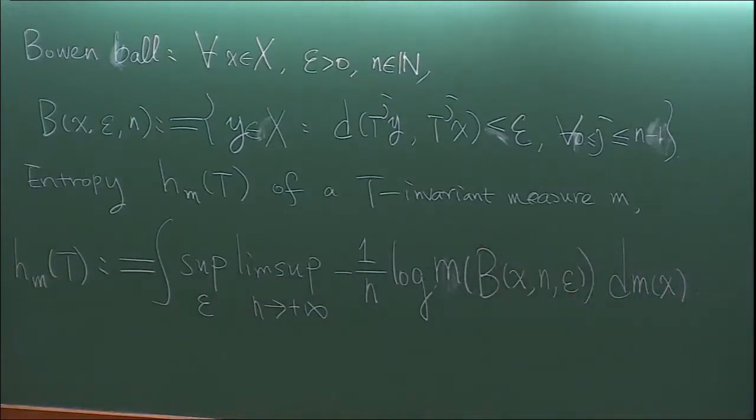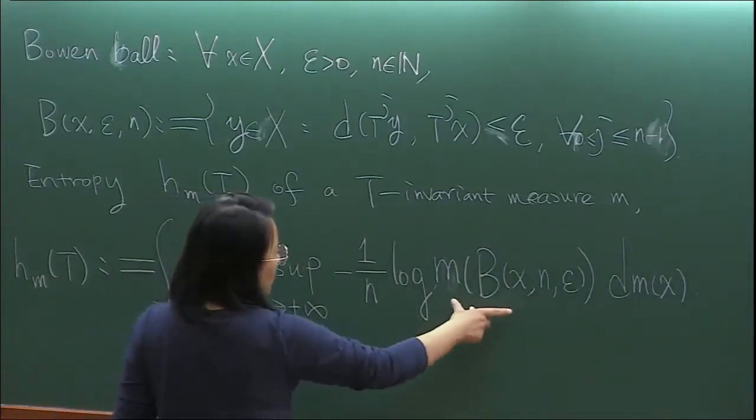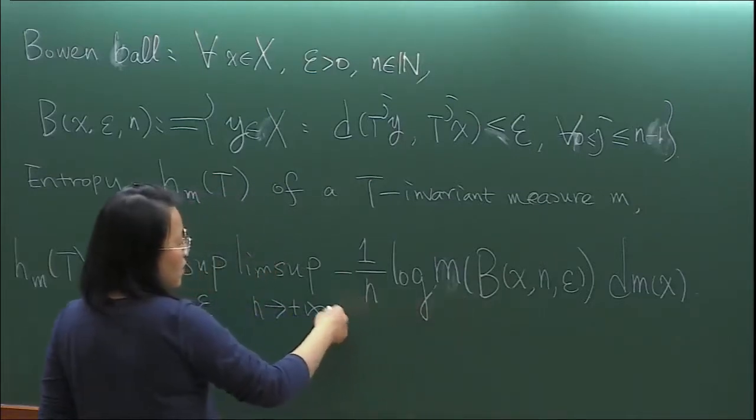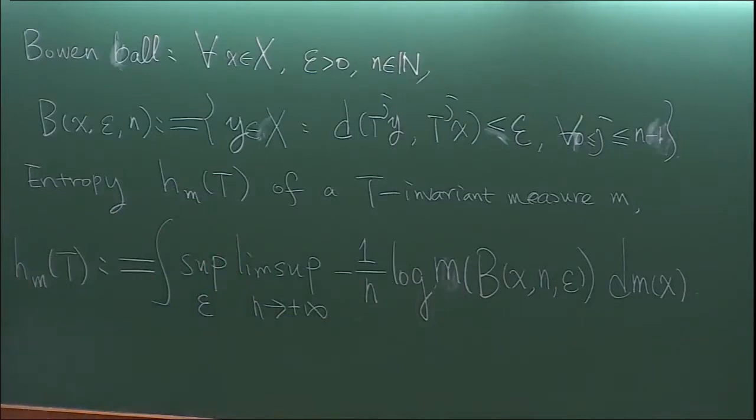Okay, this is the entropy. So the decay rate of this Bowen ball measure actually measures how the points are separated in this iteration of the map T. So this h_mu is this average rate of how the points are separated through this iteration.